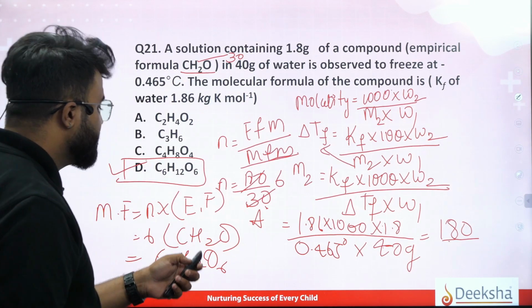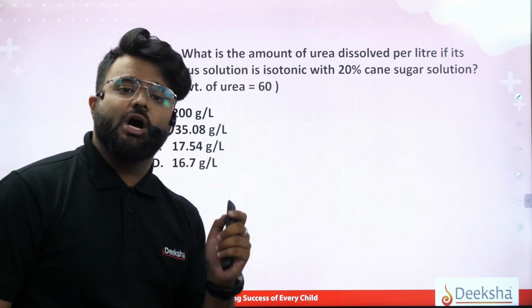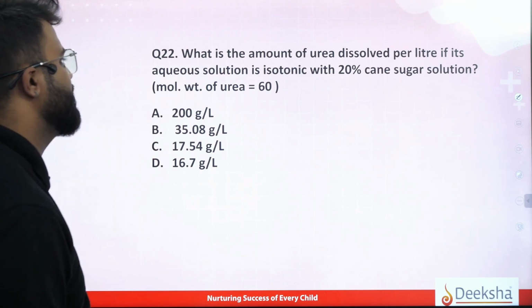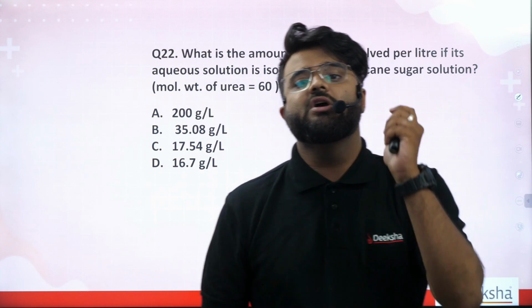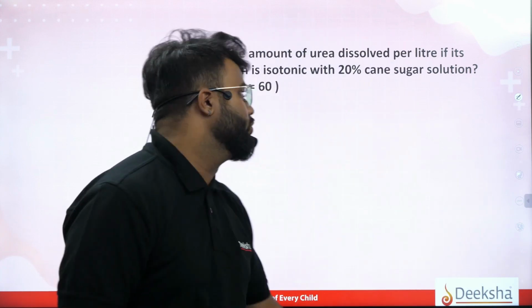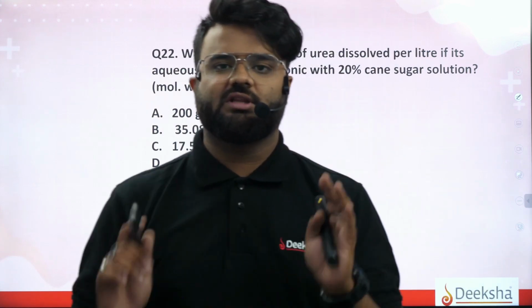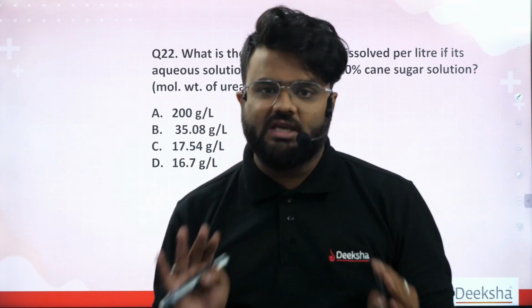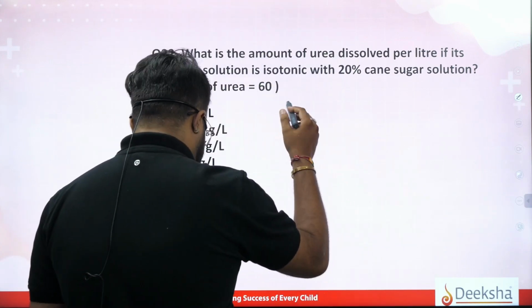Okay, thank you. So question number 22 says: what is the amount of urea dissolved per liter if its aqueous solution is isotonic with a 20% cane sugar solution? Molecular weight of urea is given as 60. To understand this, it says isotonic solution. Isotonic solutions of two solutions have the same osmotic pressure.